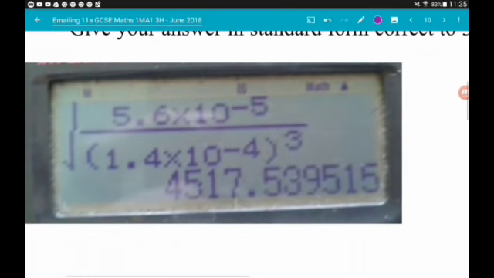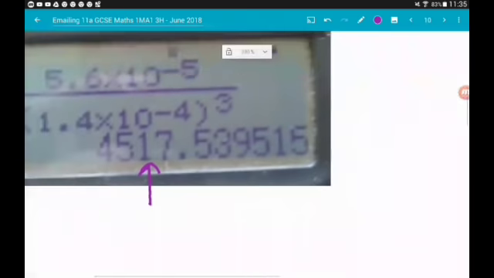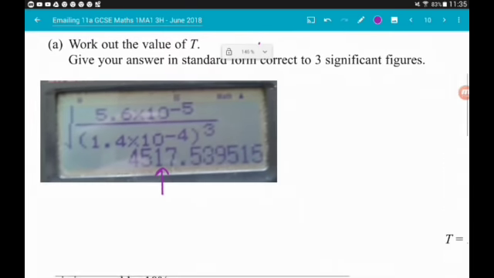So we want the answer to 3 significant figures. So we got 4,517 point blah blah blah. The third significant figure there is the 1. So the 1 has a 7 after it, so it's going to round up to 2.